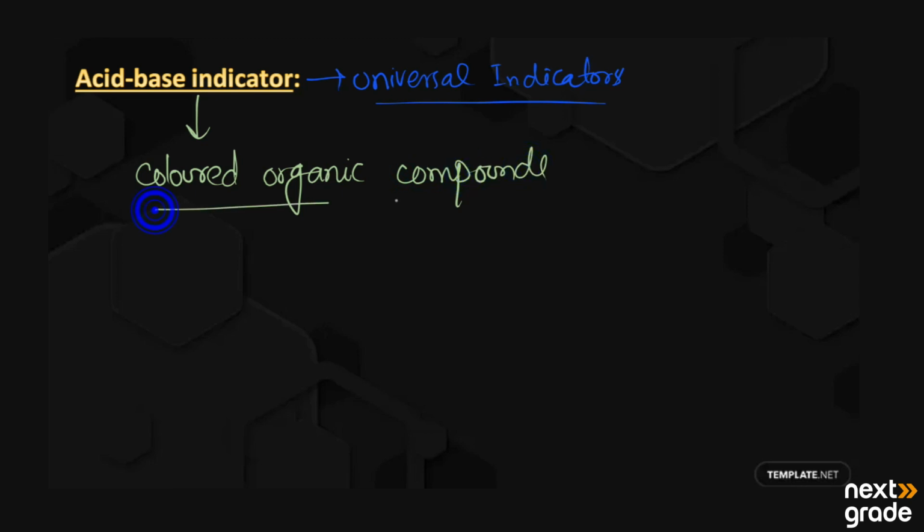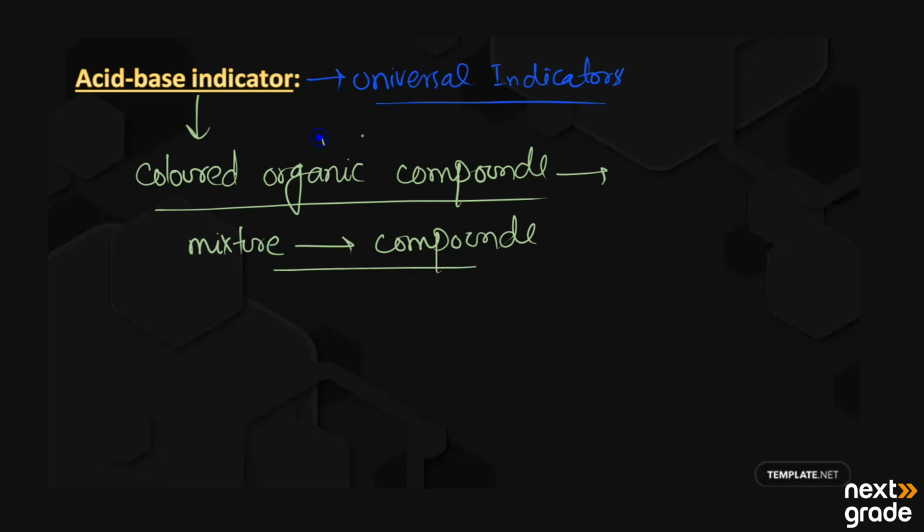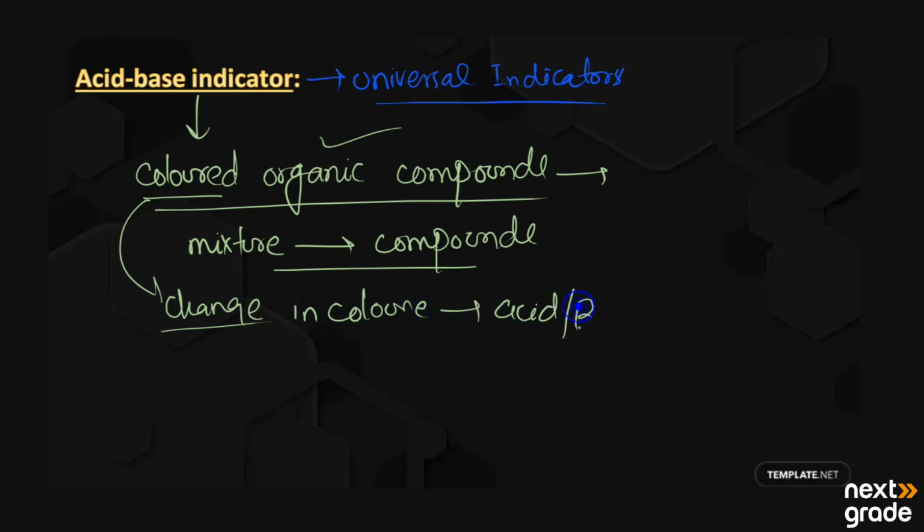These colored organic compounds are formed by the mixing of various compounds. We have a lot of indicators, or organic compounds that are colored, and they show a change in color when they get dissolved in any acid or base.